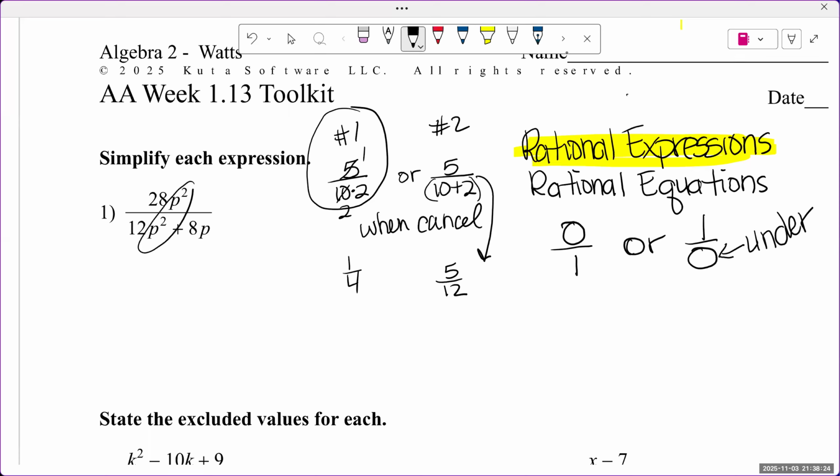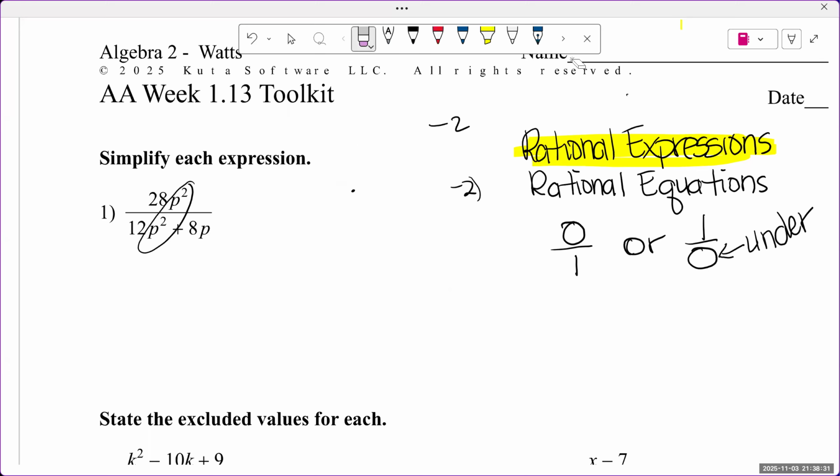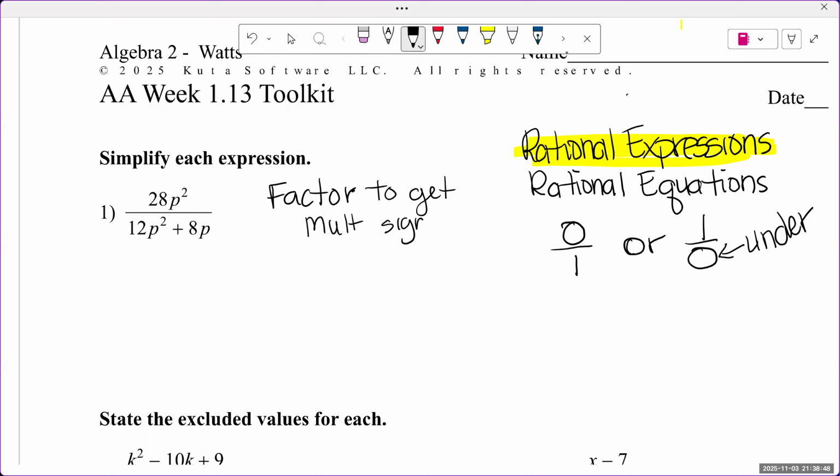Can I cancel those p squareds? No, I cannot. So what we're going to need to do is factor to get multiplication signs. So you're going to need to know how to factor.